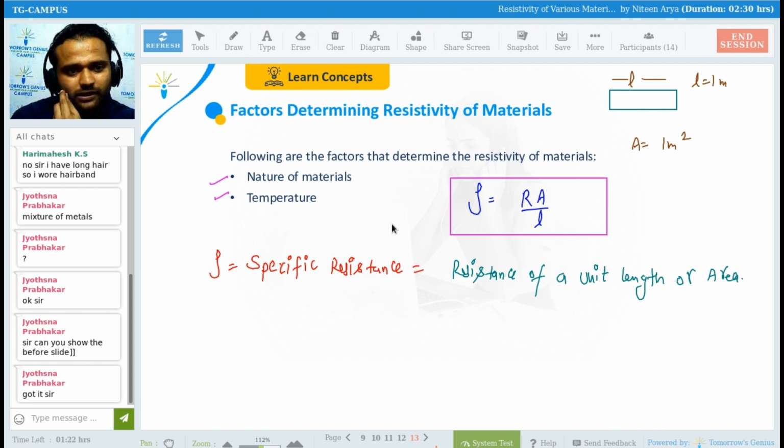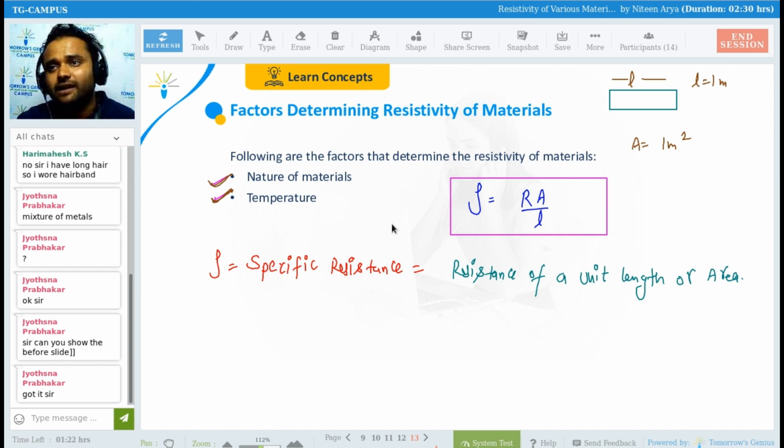The resistance of a unit length or unit area is known as specific resistance. There is going to be a question where we use this definition, and that is why resistivity is the nature of materials, more importantly, and temperature dependent. Is it dependent on temperature, or on the nature of the material?